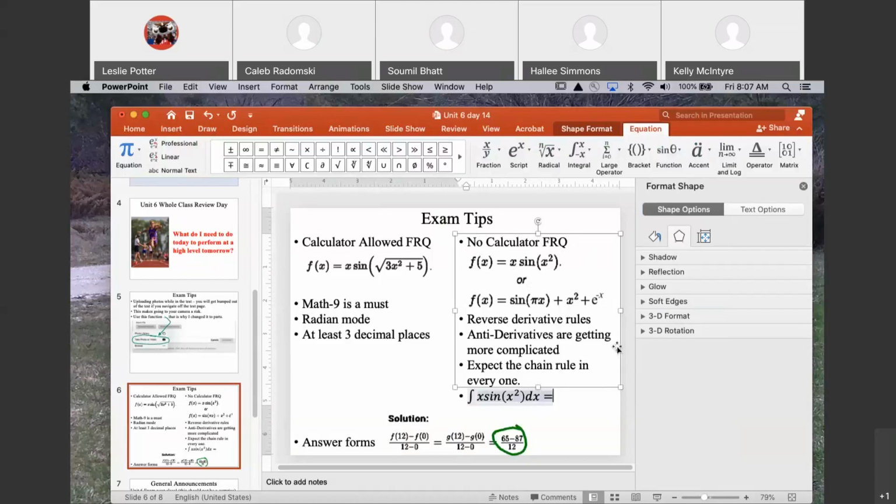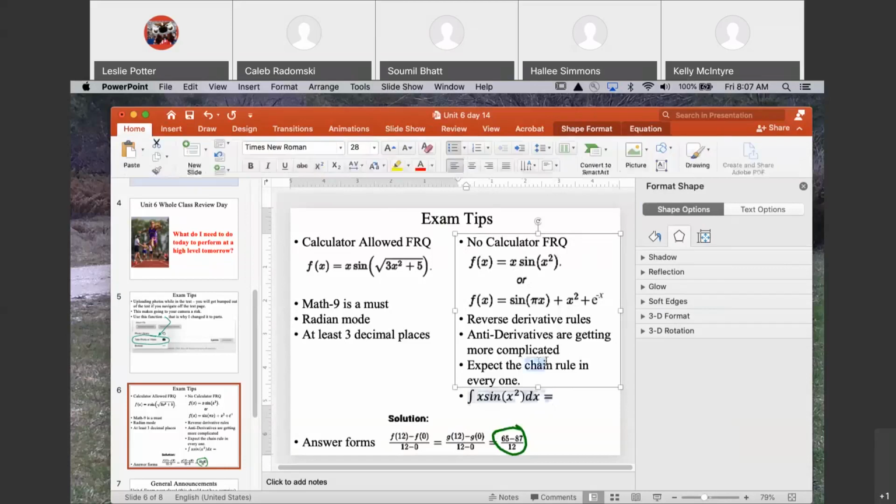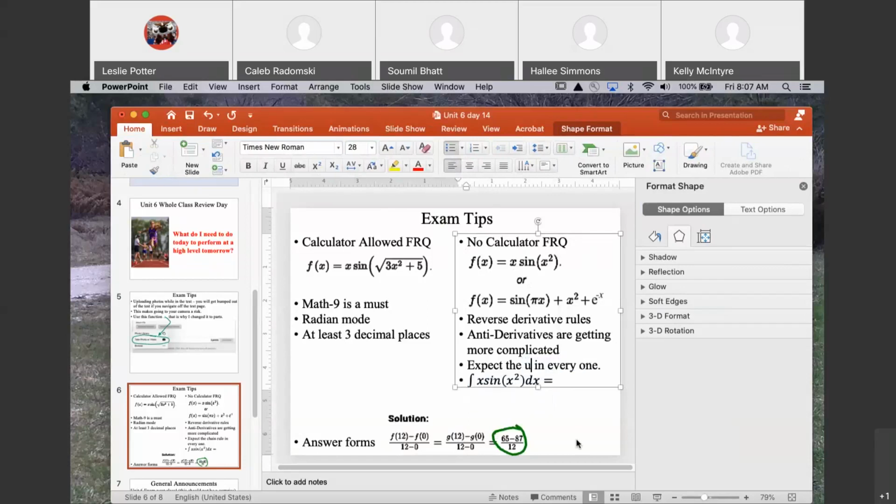X to the second is inside, right? We're talking about a composite function. So expect what in the integration sense, not a chain rule, but a U sub. There we go. Did that make a little more sense?